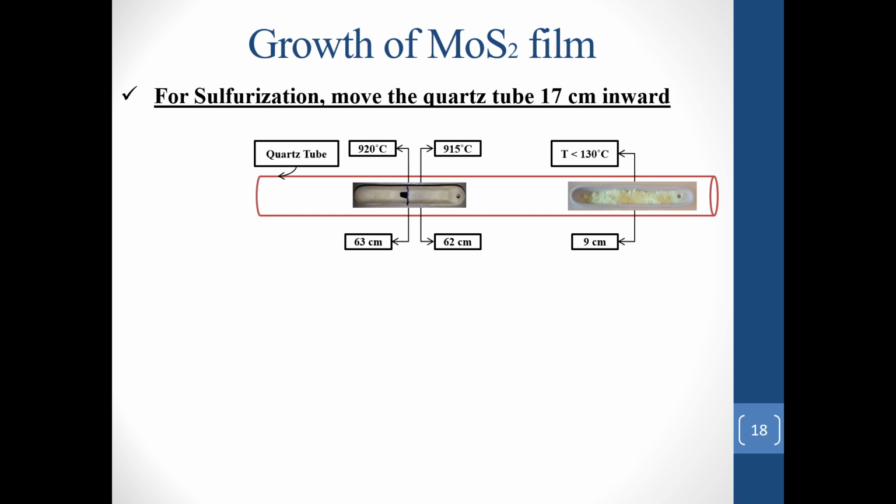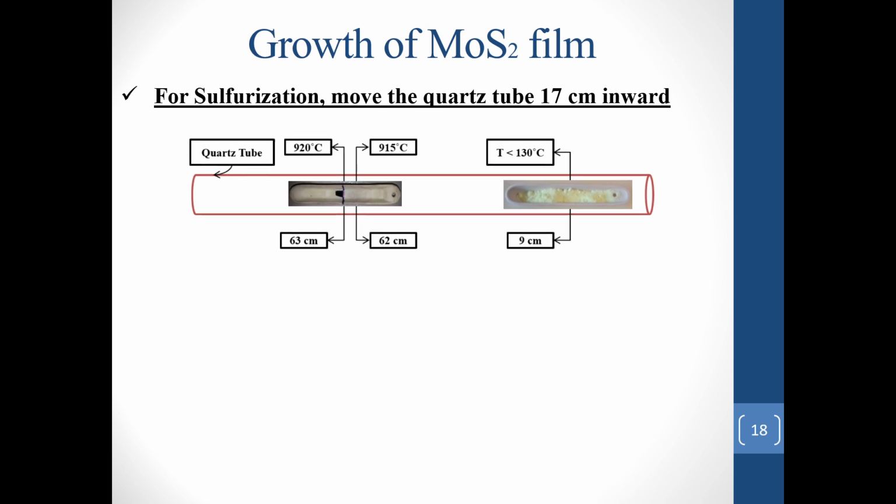So to increase the temperature, we have to push the quartz tube 17 centimeters inwards from the side of the sulfur boat, so that now your sulfur powder gets a temperature greater than 130 degrees Celsius.